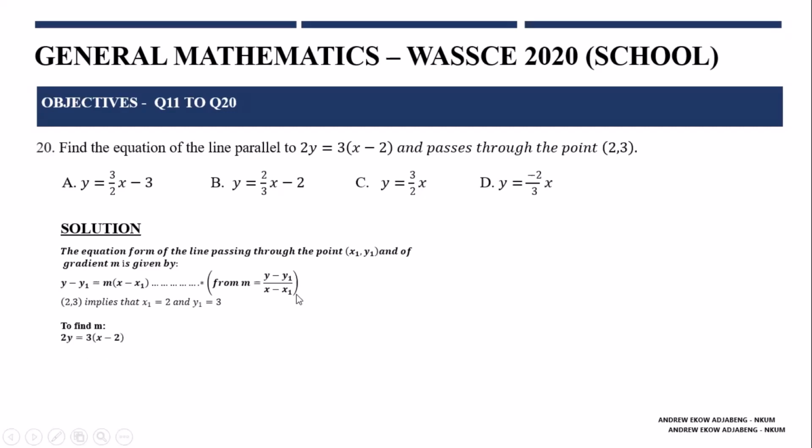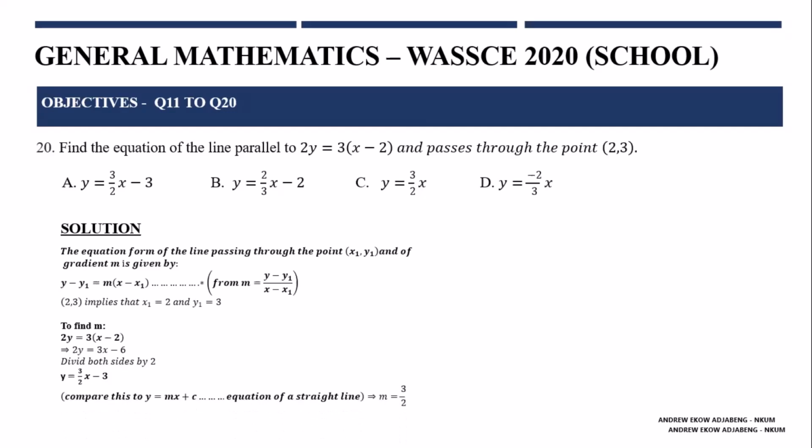So when we substitute 2 and 3 into the equation, we are going to have our 2y equals 3 multiplying x minus 1, which is the first line. So we don't substitute yet. That is the equation for the first line. We divide both sides by 2, and that gives us y equals 3 over 2x minus 3.